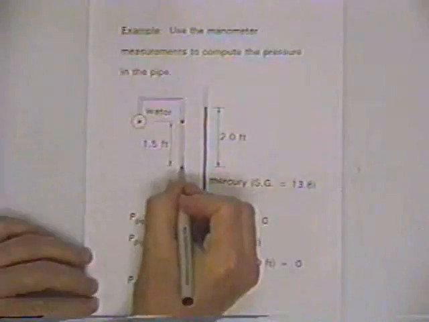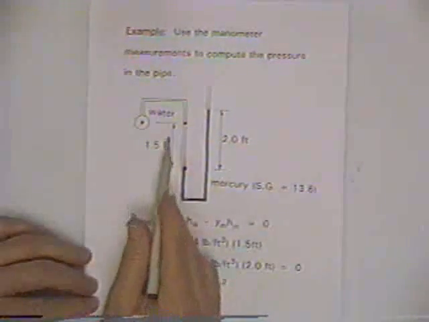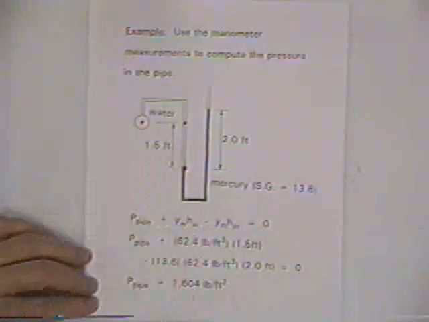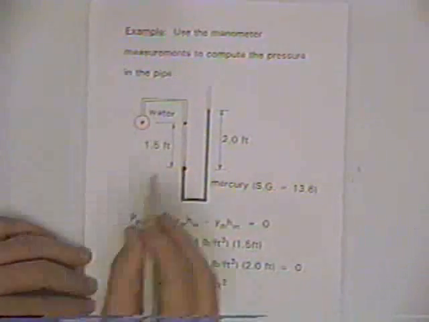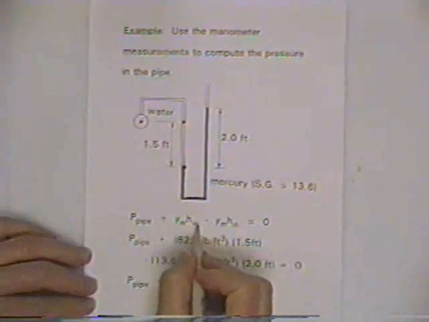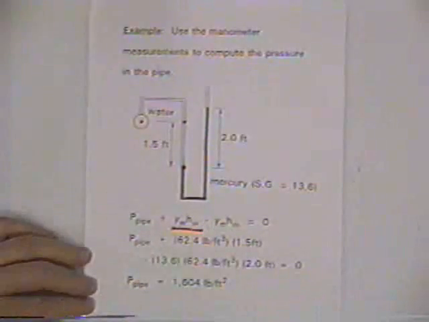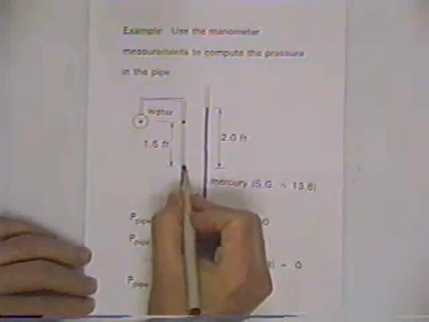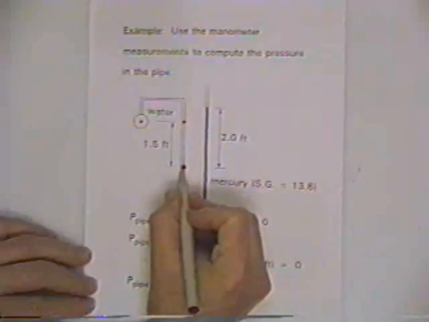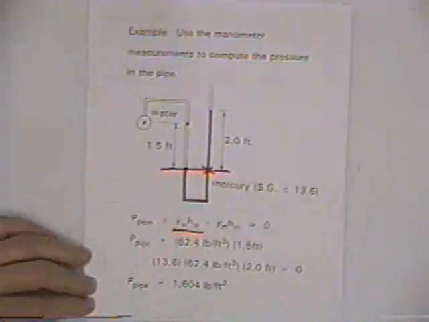Now we drop down to here, and we're going to pick up additional pressure because we're now supporting an additional column of water. 1.5 feet of water at whatever the unit weight of water is takes us to here. We'll write that as whatever the liquid is, it happens to be water, the unit weight times the head. Now, whatever the pressure here is, if we go across horizontally to right there, the pressure is identically the same.